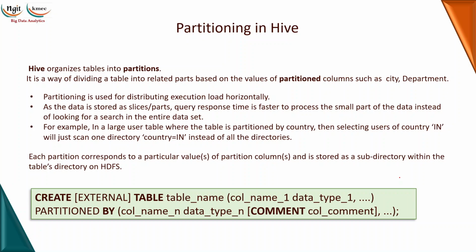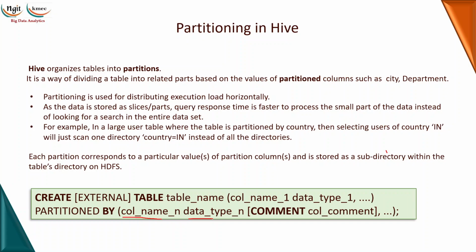So how can we create this partitioned table? While creating the table itself, you can give the partition. Create external table, and as usual give the creation of the table, and at the end you can give PARTITIONED BY with the column name and the data type. You can give any number of partitions, so that it will create the subdirectories.